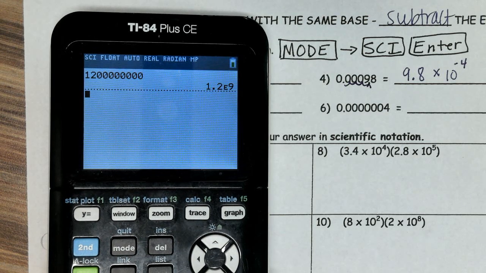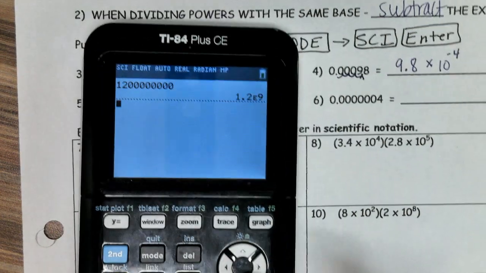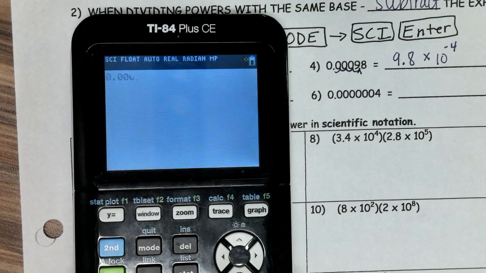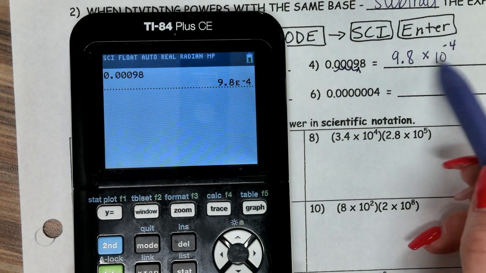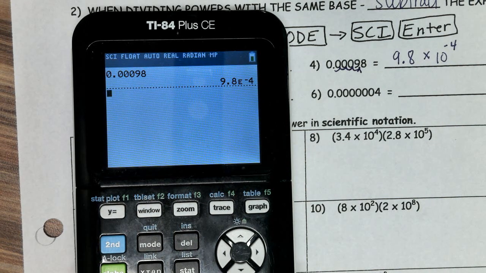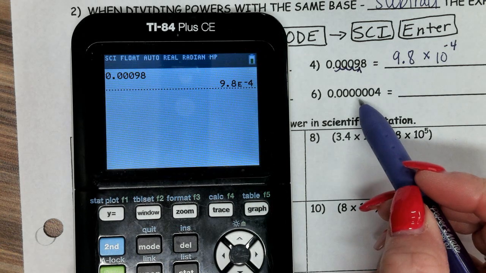So to put it in my calculator, simply type it in. You do have to put the decimal. Okay, so I put in 0.00098, and it will give me the exact same answer. Yes? Good. All right, try this one on your own.